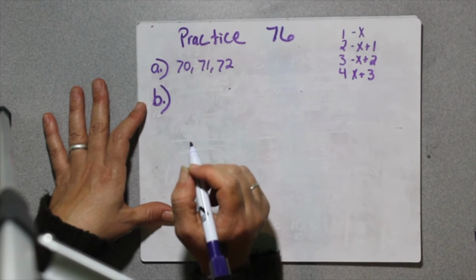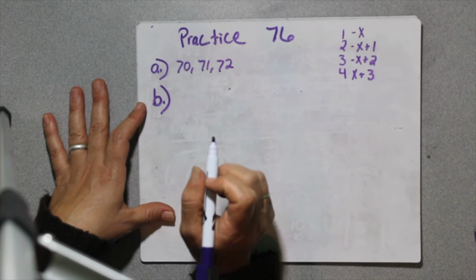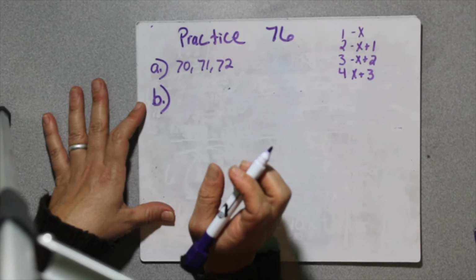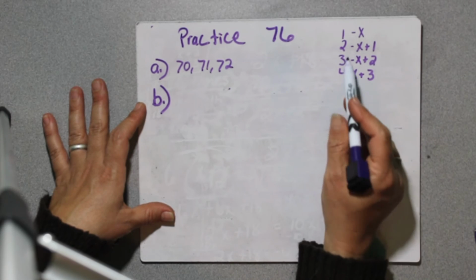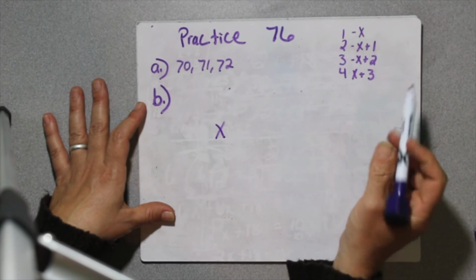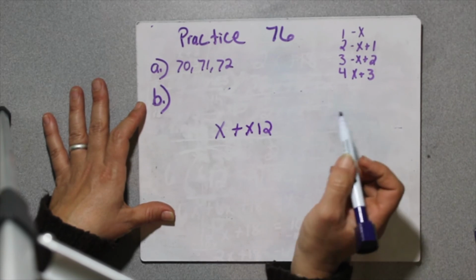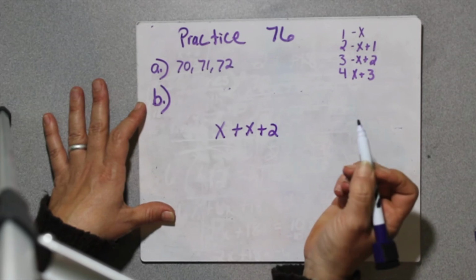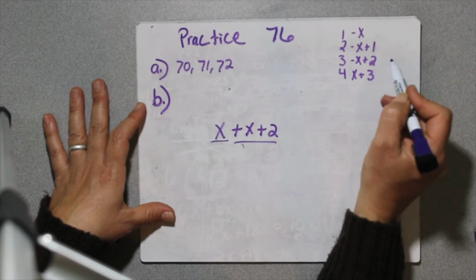Okay. 4 consecutive integers such that 8 times the sum of the first and the third. So we're going to do that first. The first would be x, and the third would be x plus 2. So there's the sum of the first right there, and the third right there.